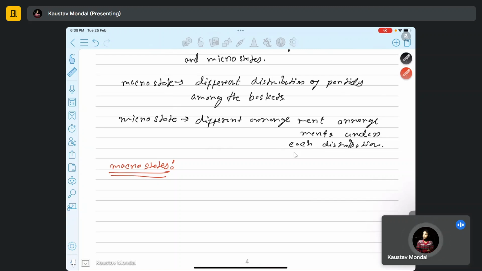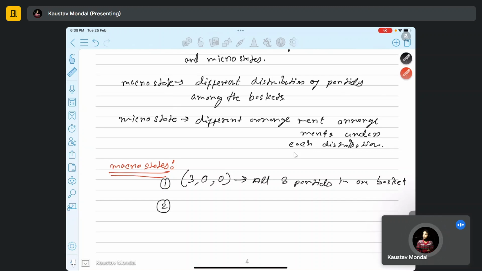The macrostates will be: first distribution, 300, meaning all three particles in one basket. This is one macrostate.